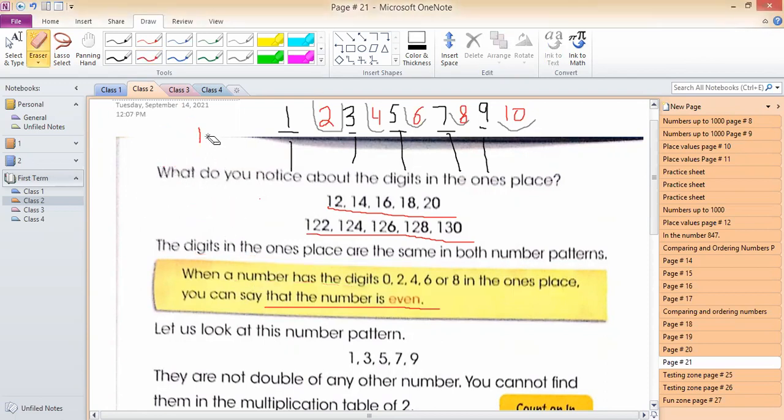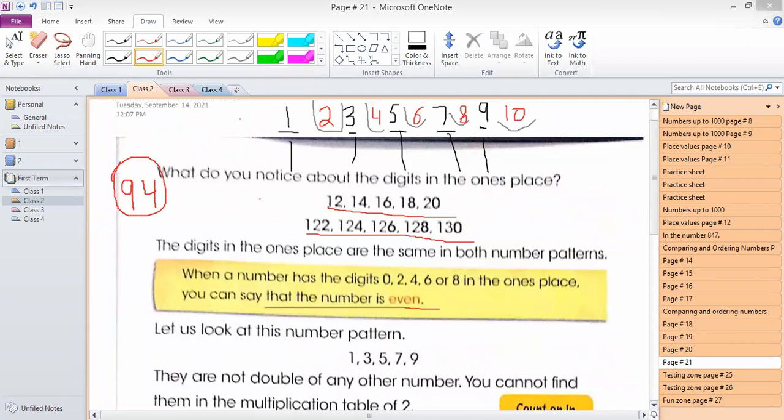I give you one more example, guys. Let's suppose I write here 94. Now please tell me, is 94 an even number or an odd number? Even. 94 is an even number.